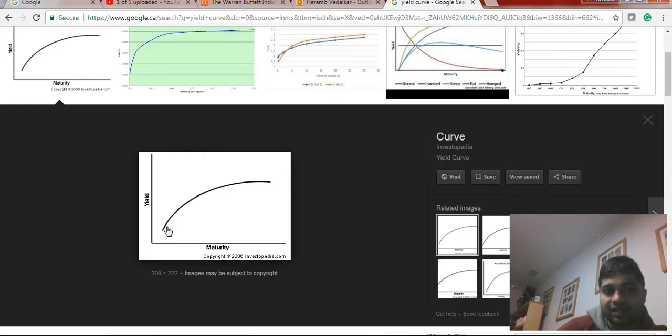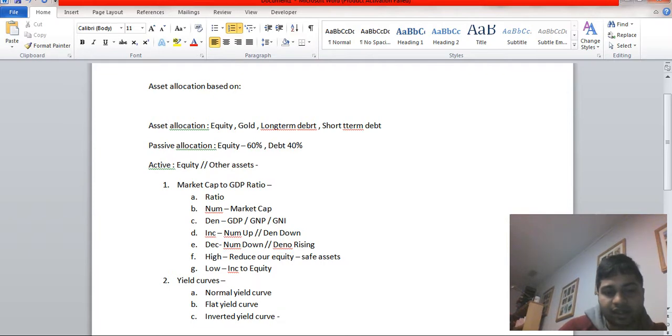Now in certain cases, the yield curve becomes flat and then it inverts. So your interest rates or your returns on short-term debt become more than returns on long-term debt. So inverted yield curve means your returns on short-term debt are more than your returns on long-term debt.